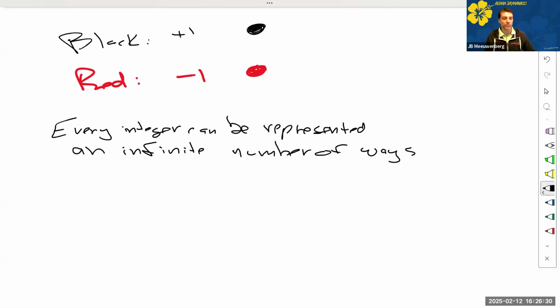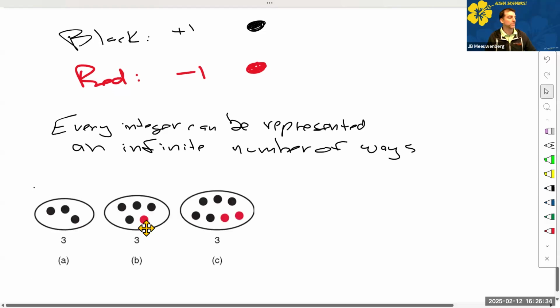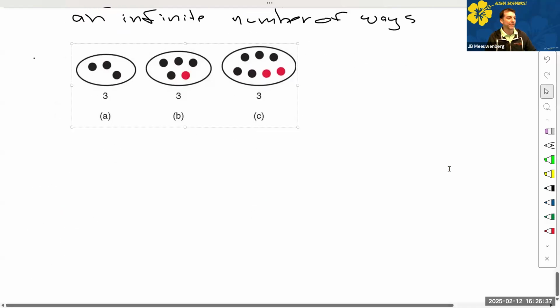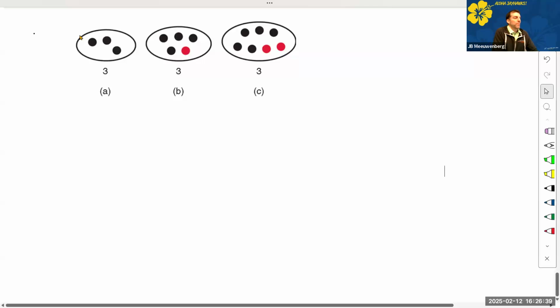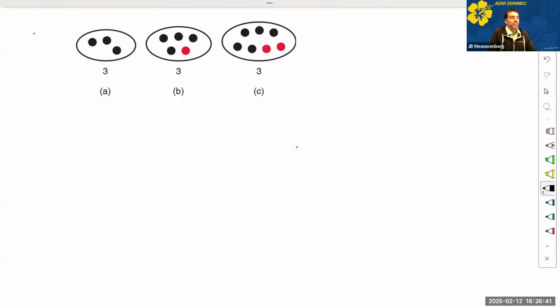So here is a really good, very simple example of that. Take a look at these three different sets of chips. The one on the left, example A, has 3 black chips. So it would just have 3 positives, right? And that's it. We can see it has a value of 3.